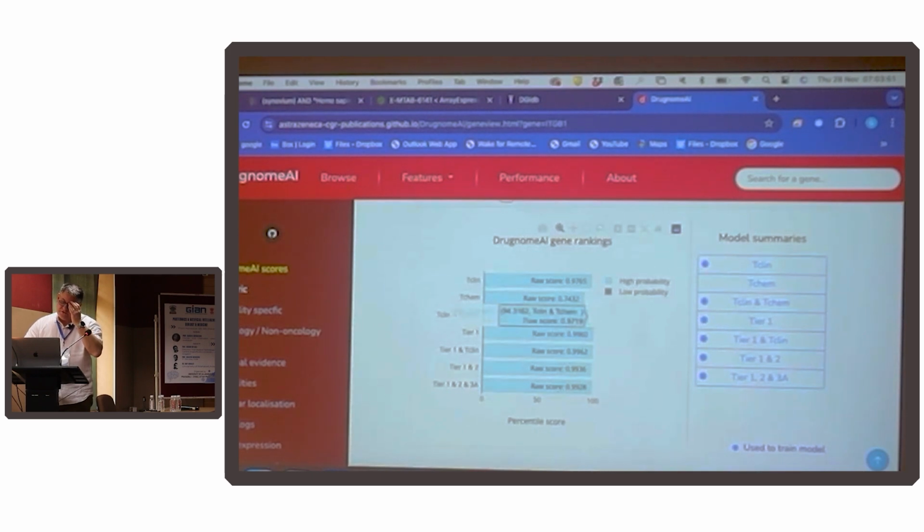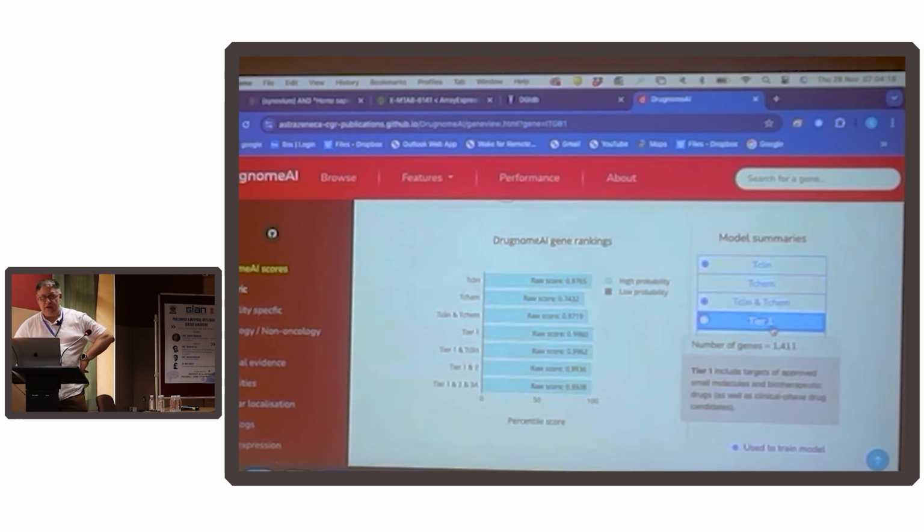It puts these into different models, and these are whether they have reached different phases of clinical trials. So has there been, for this target, a molecule that's been taken to a particular phase? So has it been taken to the clinical trial phase, the chemistry phase, and then you have different tiers.